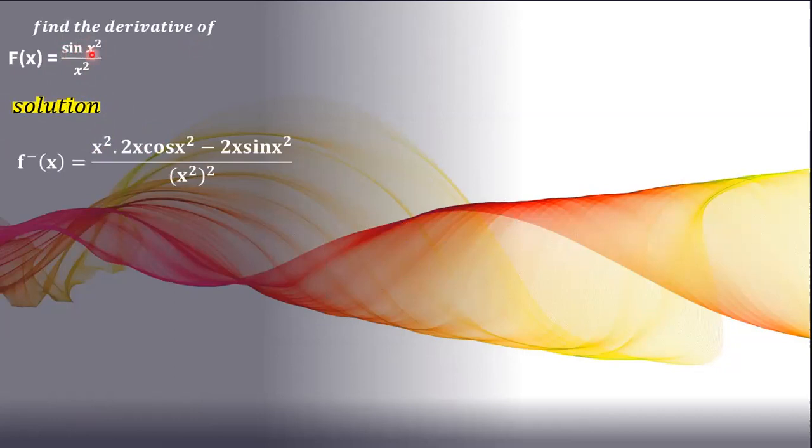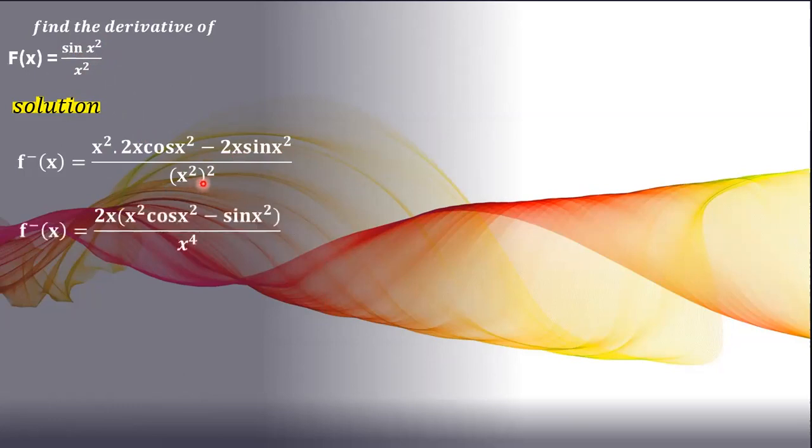This trigonometric function, sine, its derivative is cosine, same angle, times the derivative of the angle, x squared, derivative 2x, okay, minus the numerator as it is, times the derivative of the denominator, x squared, derivative 2x, okay.